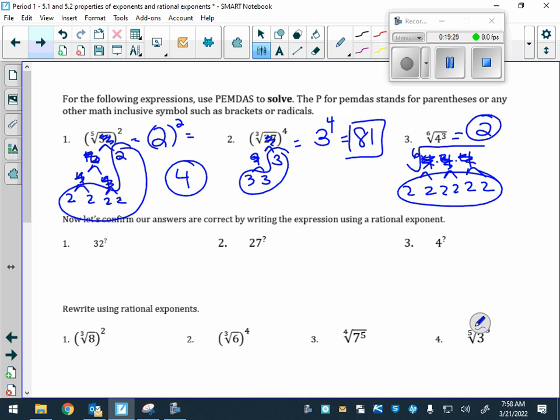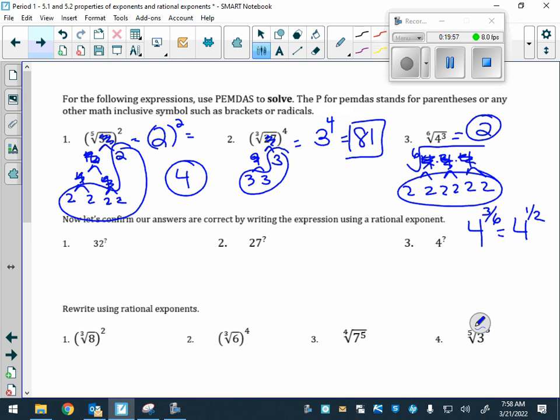What was it before that? Good. So 4 to the 3/6 is how I would rewrite it, which is correct. 3/6 reduces to 1/2.